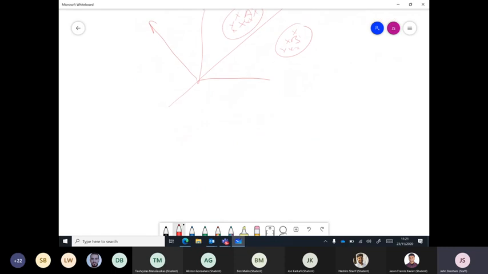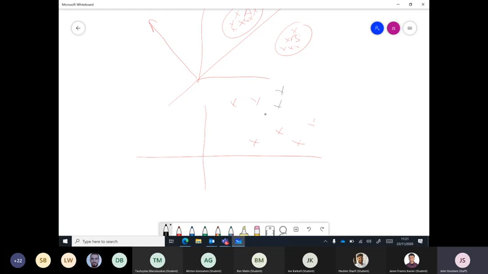But if we have a situation that looks like this, let's go for reds, and another distribution like this, again trying to find a weight vector that will separate the reds from the blues, can't do it.